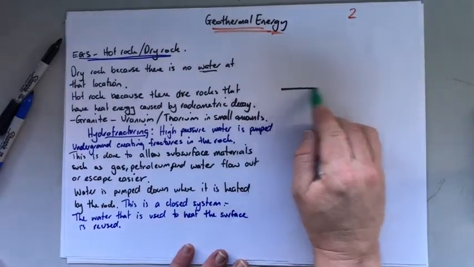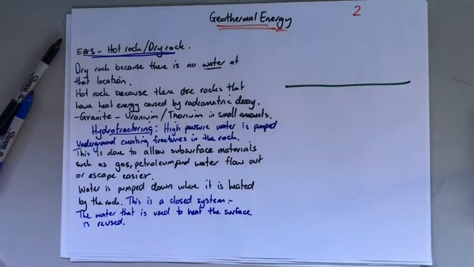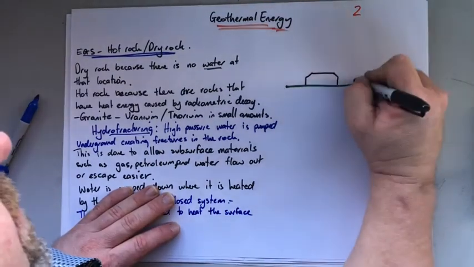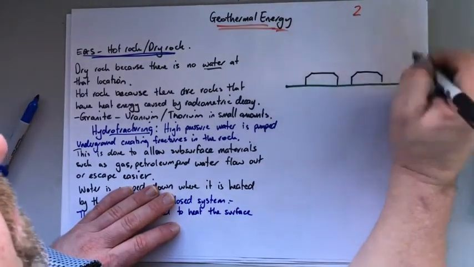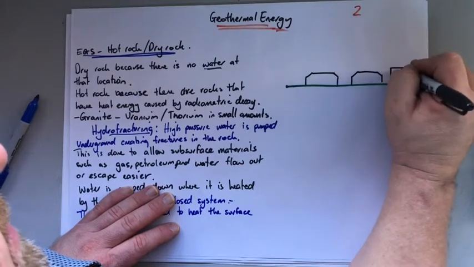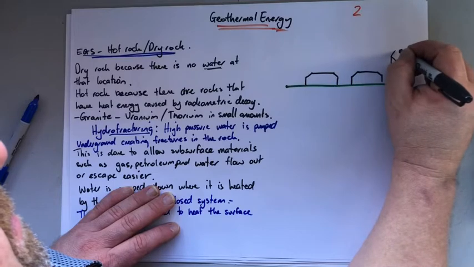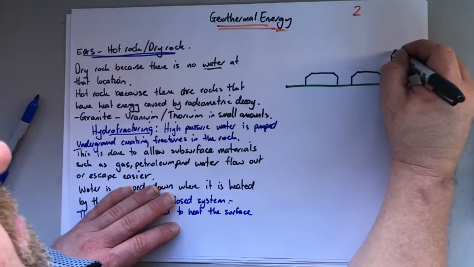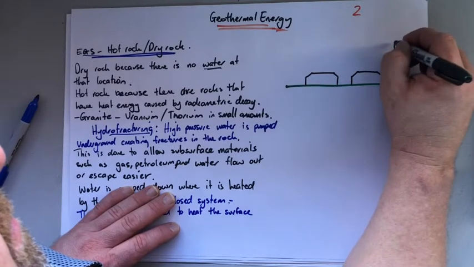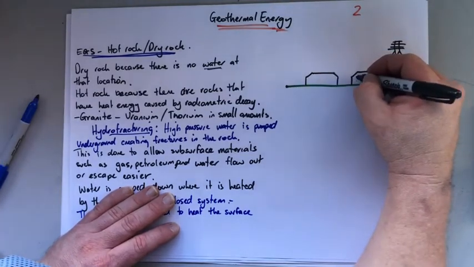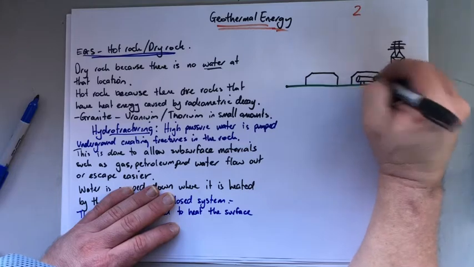Here's our ground surface here. And again, we're going to draw a little turbine, a little generator, and little power lines. So here's our generator, and here's our turbine.